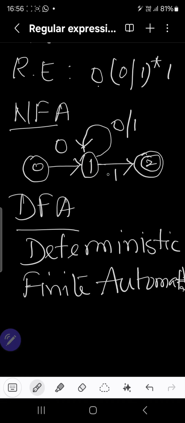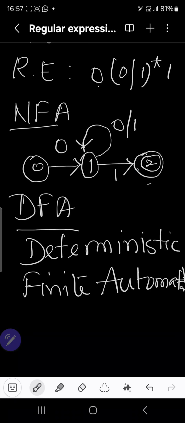So if you see the input 1 from state 1, on input 1 it goes to two states, state 2 as well as state 1. So it is non-deterministic. It cannot be considered as a deterministic finite automata, because in deterministic finite automata, the next state on a particular input from a state can be only 1. It cannot be more than 1, as we see here in this NFA.